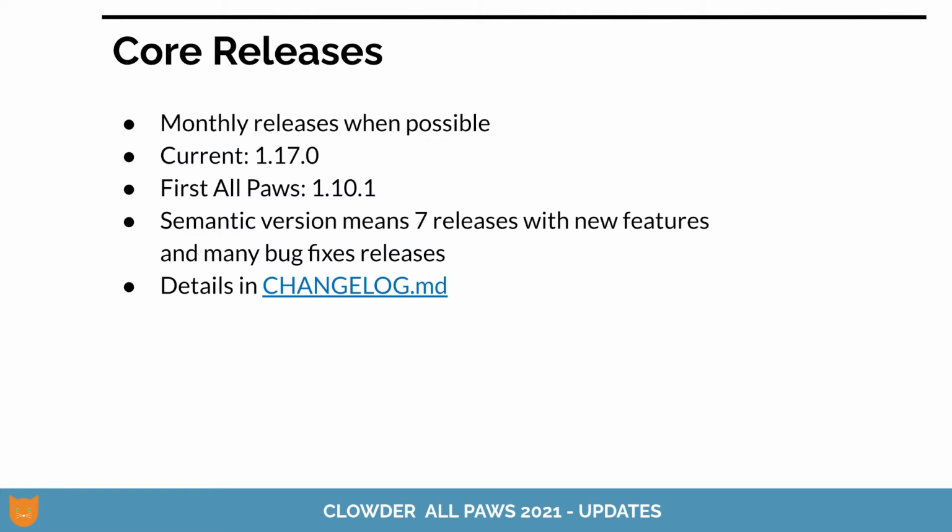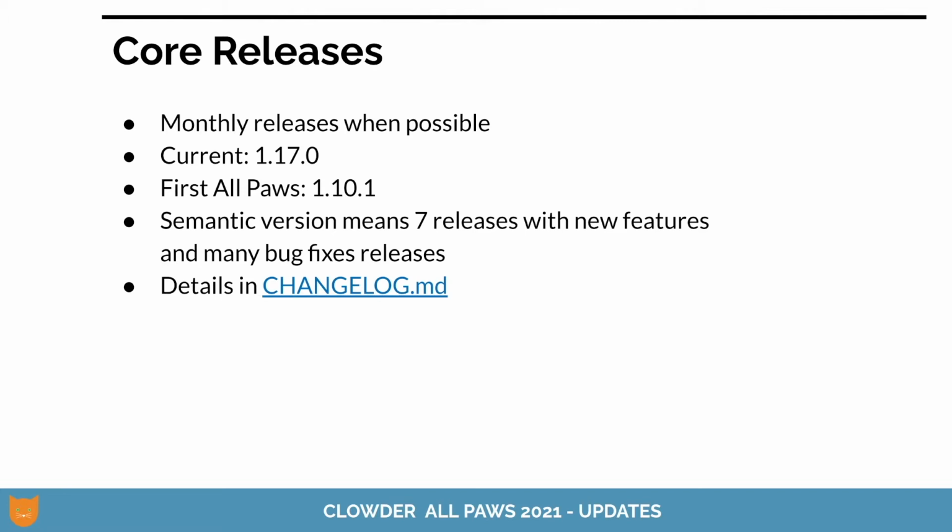So we continue to do releases of the core. We have started following a monthly release cadence for these releases. This can be new feature releases, so that second number. Since the first All Paws, we were at 1.10, now we're at 1.17, so there have been seven releases that have included new features.